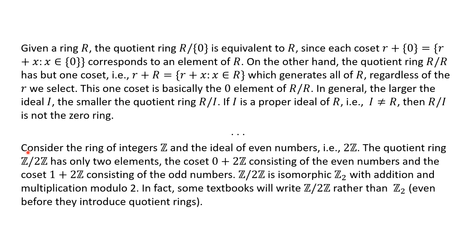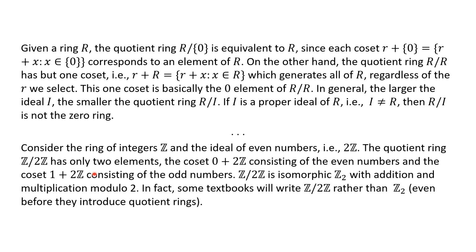Then we have a second example here. Consider the ring of integers Z and the ideal of even numbers. The quotient ring Z slash 2Z has only two elements. The coset 0 plus 2Z, which gives us back all the even numbers. That's following the first example here, but something more specific.